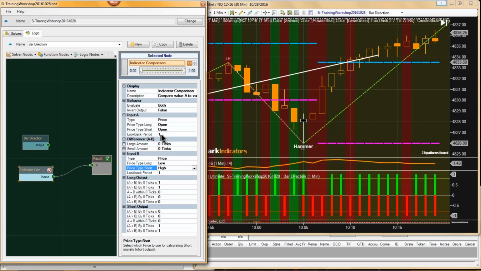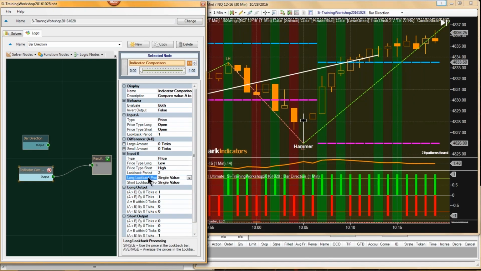So the default is we're comparing the same bar to the same bar. The look back period determines whether you're looking back to other bar prices. So if I wanted to look back to the previous bar price, I would set that to 2. And then I'm looking at a single value.